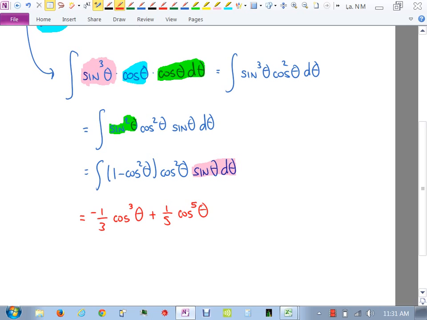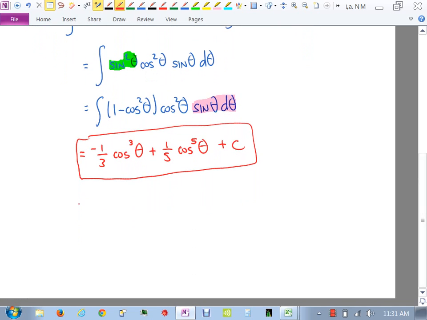But now I'm going to go back to the definite integral. Okay? So that's my general antiderivative. And now going back to the original problem, the integral of x cubed square root of 1 minus x squared dx from 0 to 1.